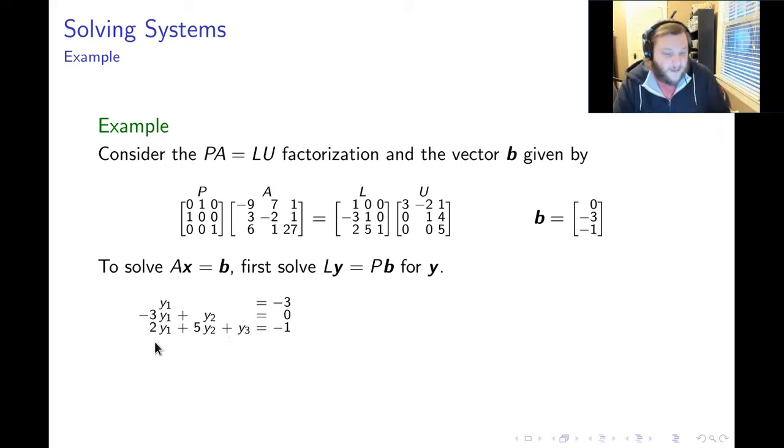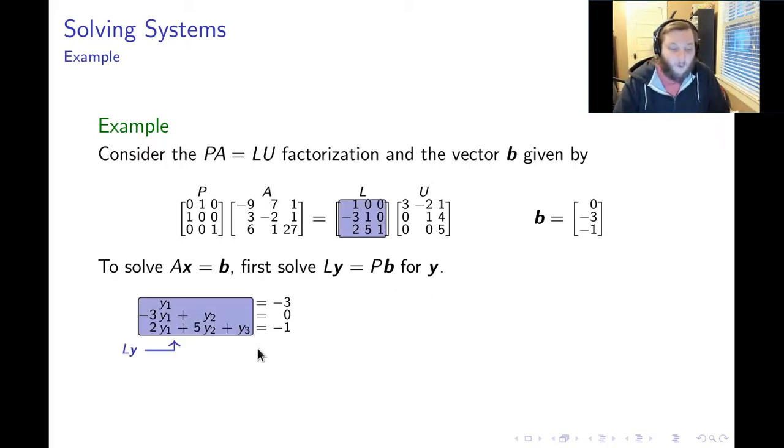So what you're looking at here is the system LY equals P times B. L is this lower triangular matrix, and we're using that as the coefficient matrix for a system where the variable vector is Y. So LY looks like this. What about on the right-hand side here?